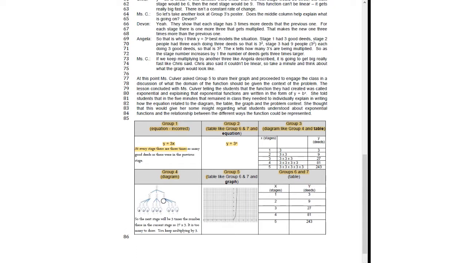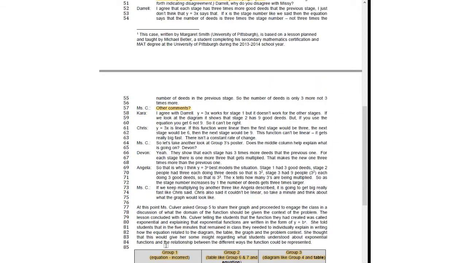Group 3 started out with a tree diagram and ended up with a table. Group 5 started out with a table and found the graph. So we see the variety of solution strategies that students use to solve this task, from the least sophisticated to the most sophisticated. That's a hard word to say.